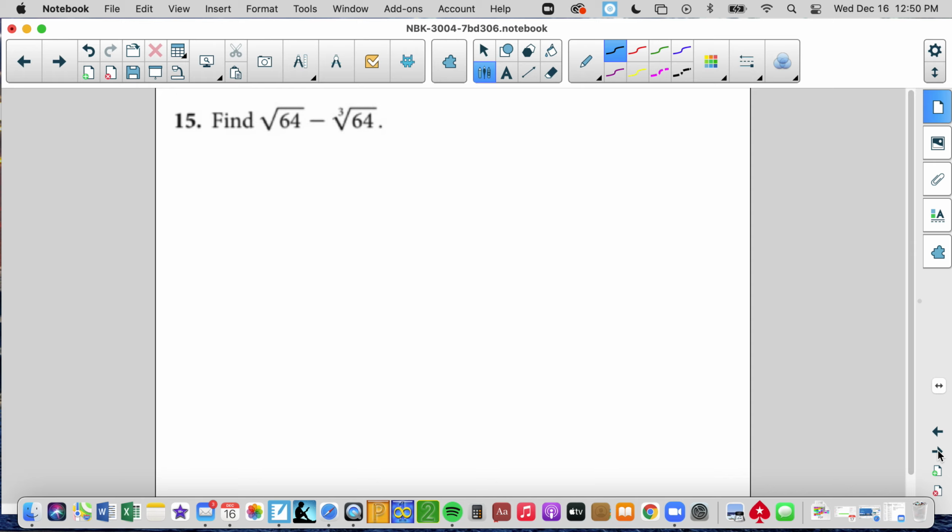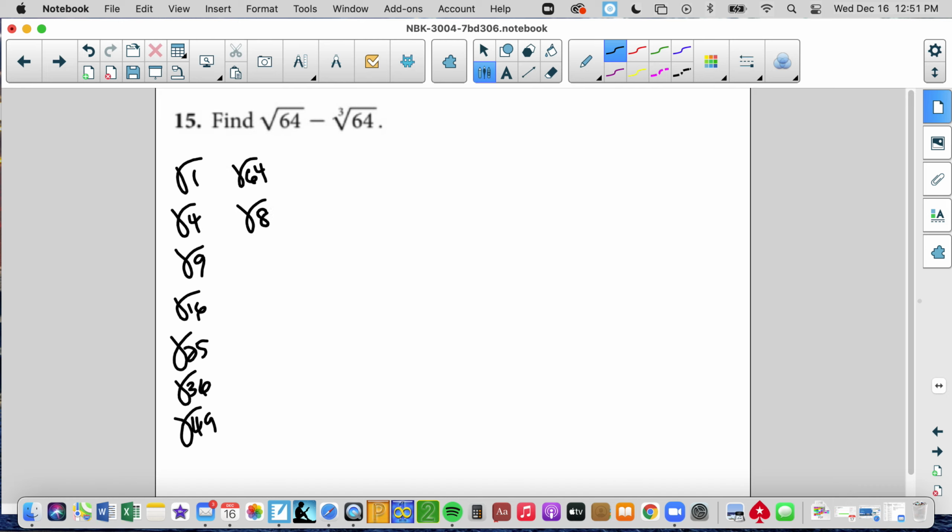Find the square root of 64 minus the cube root of 64. Square root of 64 you should know. You should know all square roots, or what we call perfect squares, between 1 and 144. Those are given. You should absolutely know what those are by heart. 7, 8, 9, 10, 11, 12.